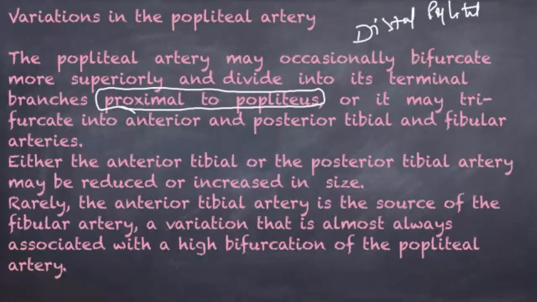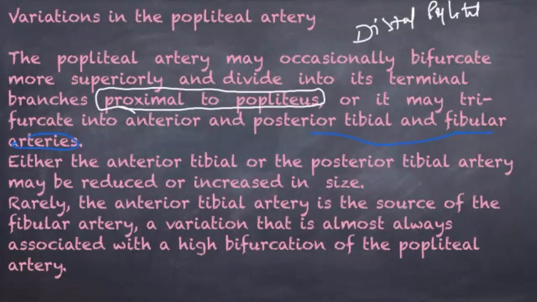Or it may trifurcate into anterior and posterior tibial and fibular arteries. Usually the fibular artery is a branch of the posterior tibial artery, but again this is a variation. Sometimes the fibular artery may arise directly from the stem of the popliteal artery.